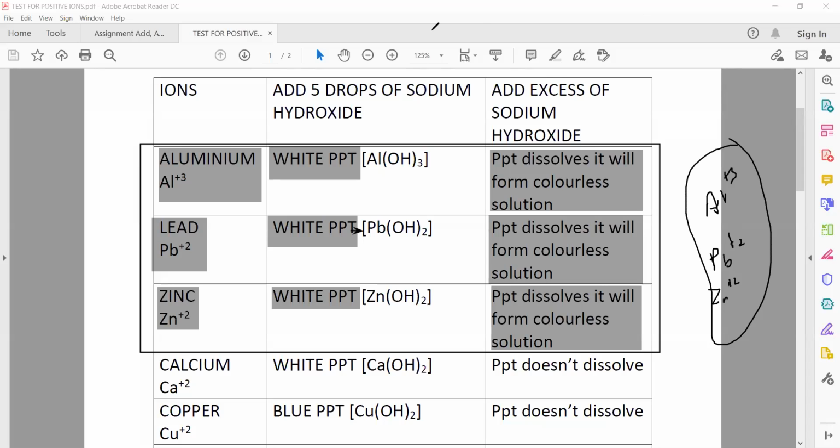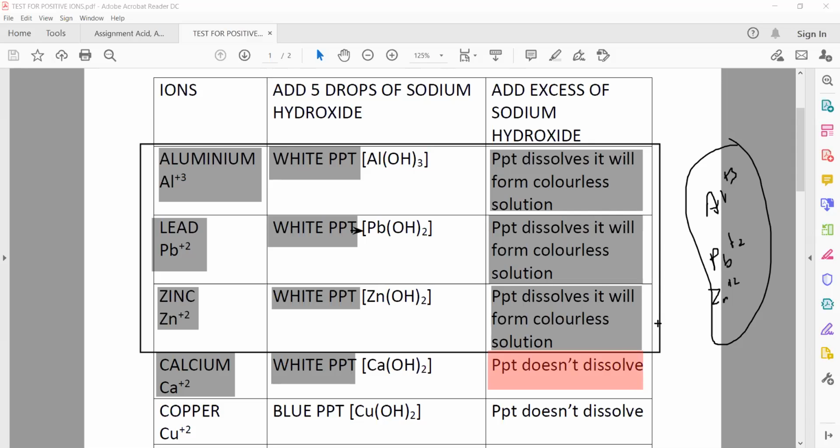Then there's another test for them. For example, if there's calcium, when you add sodium hydroxide, it gives a white precipitate. But when you add an excess, the precipitate does not dissolve. So this is a different thing, because here the precipitate remains insoluble.